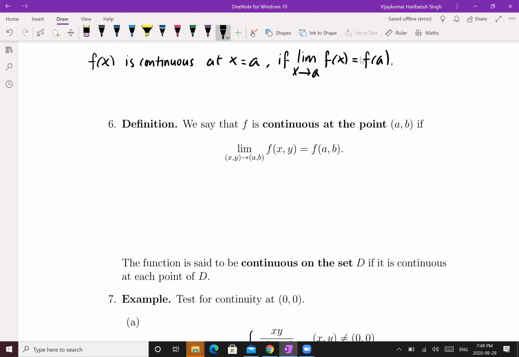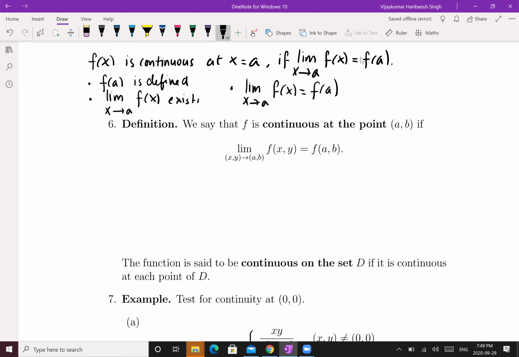This definition incorporates three things. First of all, that f of a is defined. Then the limit as x goes to a of f of x exists. And third, that this limit which exists is equal to f of a.